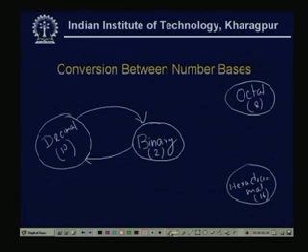Similarly, binary to octal and octal to binary are possible. Binary to hexadecimal and hexadecimal to binary are possible, and conversion between decimal to octal or decimal to hexadecimal is also possible.